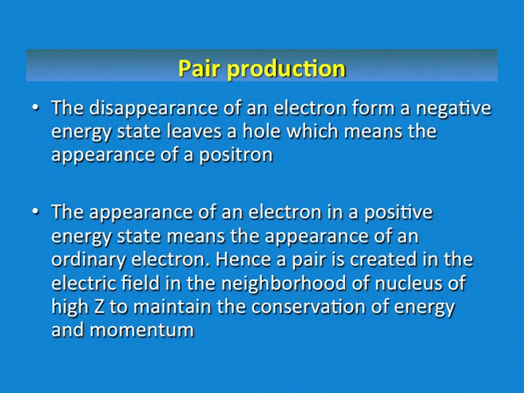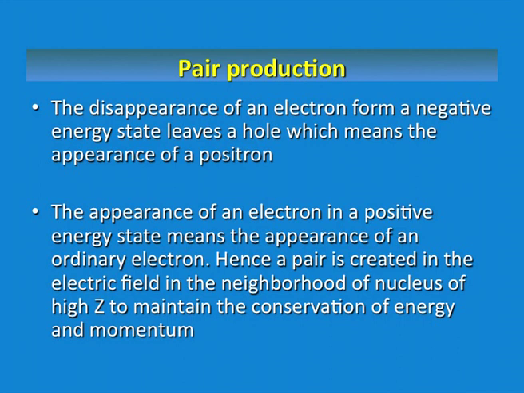In pair production, the disappearance of an electron from a negative energy state leaves what is called a hole. A hole is a place where there is no electron, but they called it a positron, maintaining the concept of a hole as in semiconductors, which means the appearance of a positron.